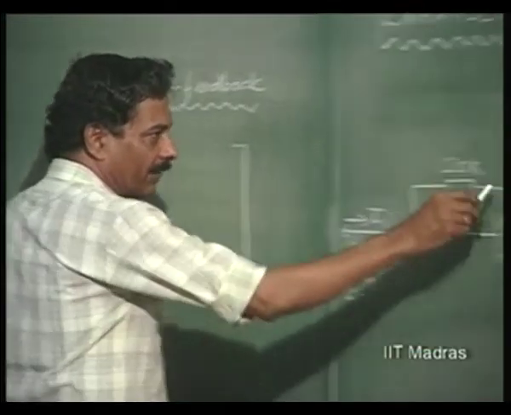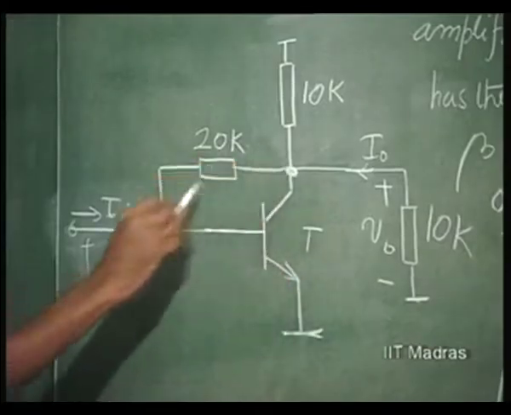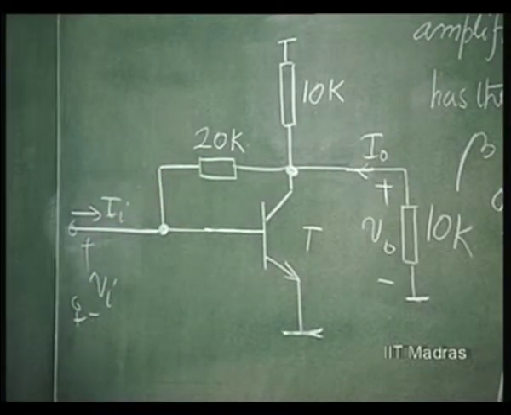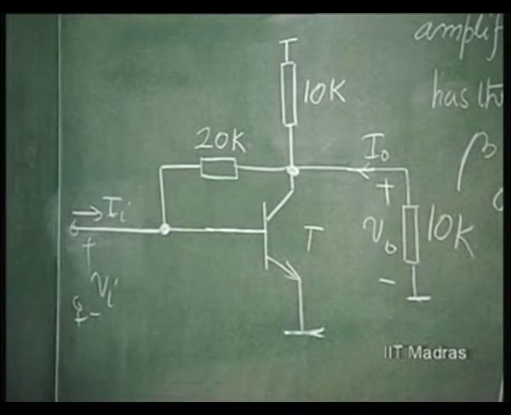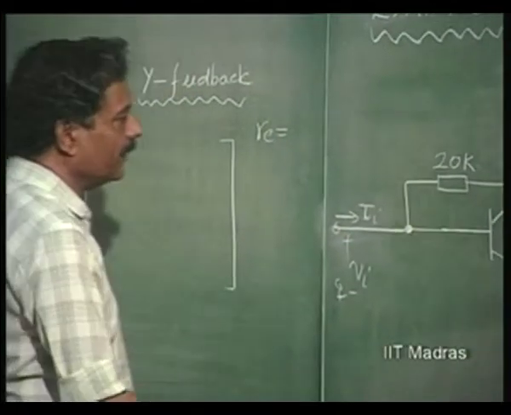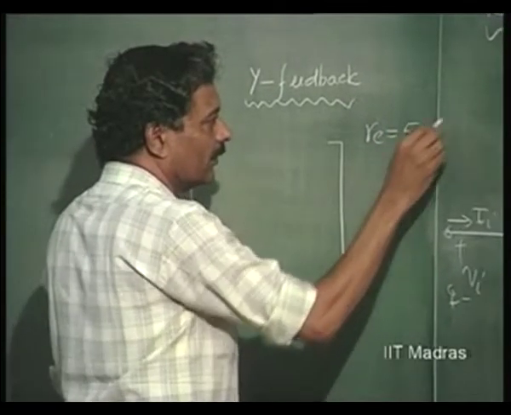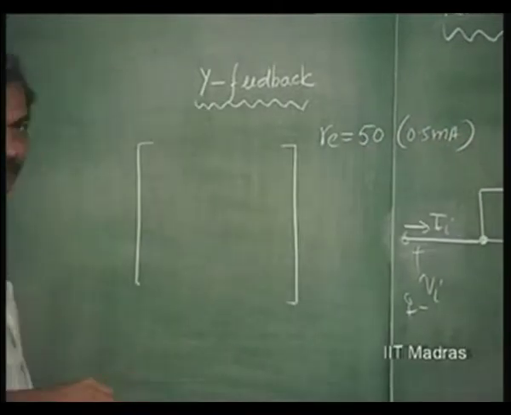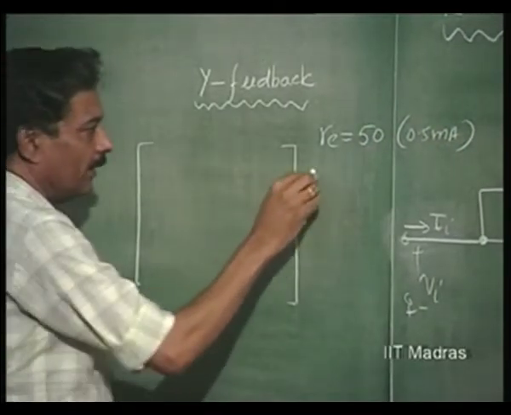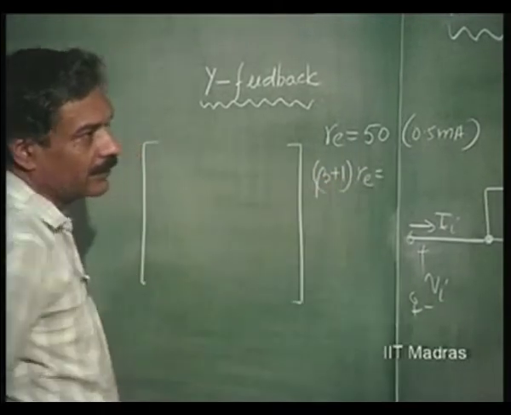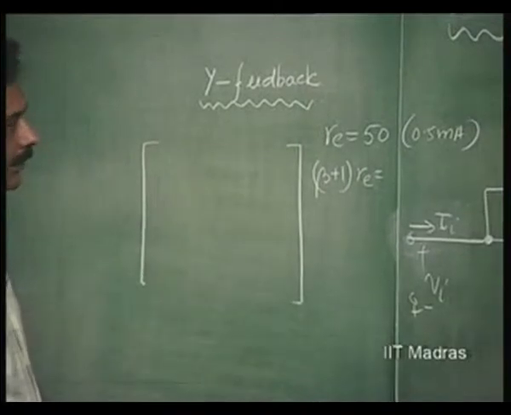When we define the Y parameter, output is shorted. So, this 20K comes in shunt with the input resistance of the amplifier, which is beta plus 1 times Re. So, Re, since it is 0.5 milliamperes, is going to be 50 ohms. So, beta plus 1 times Re, beta is 200, okay.